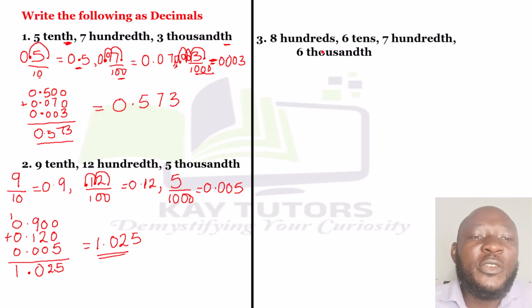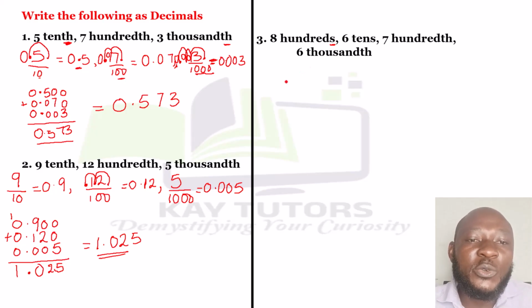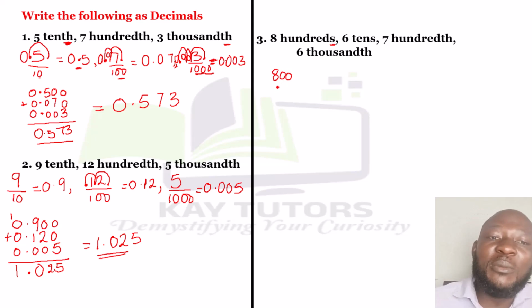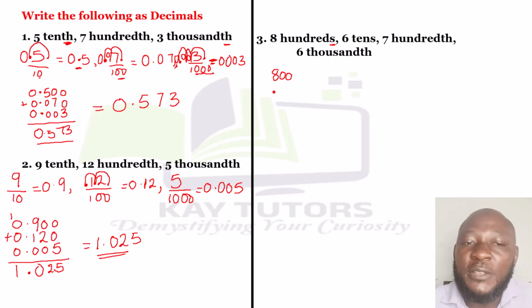Here is 800. Now, if you observe this with keen interest, you understand that the suffix th is not here. So automatically 800 here is 800. You see, we are not dividing by 100. Instead, we are multiplying 8 by 100 to give us 800.